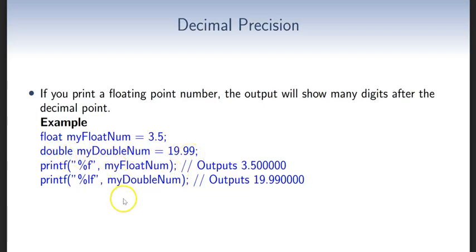If we are simply printing these variables, we will get the output like 3.500000. So we are getting 6 digits after this decimal point. If we don't assign anything, the default will be 6 digits after the decimal point.